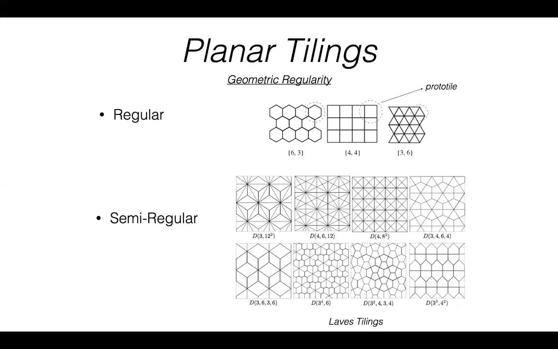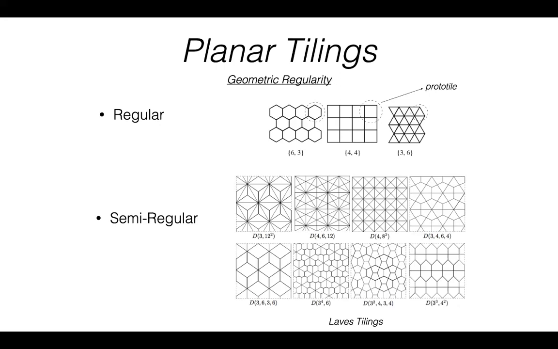Then you have semi-regular tilings, where the prototile doesn't have to have the strict regularity. So you have, for instance, these prototiles that have different valences. See here, all the elements are the same, either squares or triangles or hexagons, but here you have elements with different shapes, and they have different valences for the vertices.